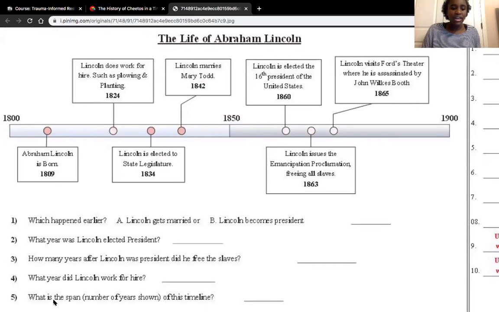All right, what is the span number of years shown on this timeline? So remember how I talked about the beginning and the end. That is the span, that is how long his life was. So the span wouldn't be at 1865. And I want you to think about why it would not be at 1865.